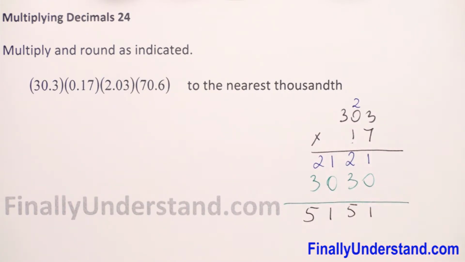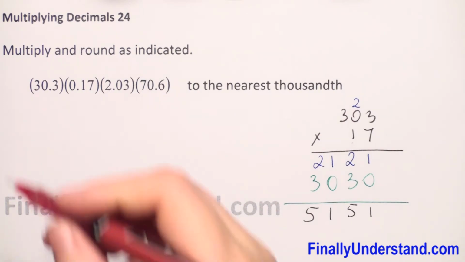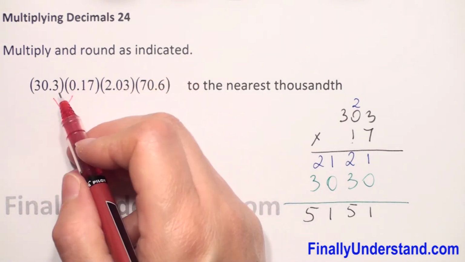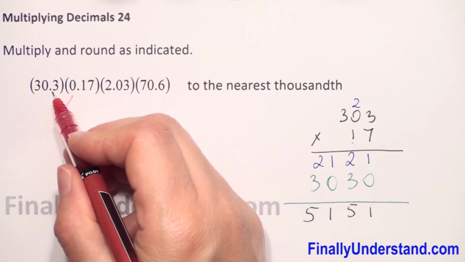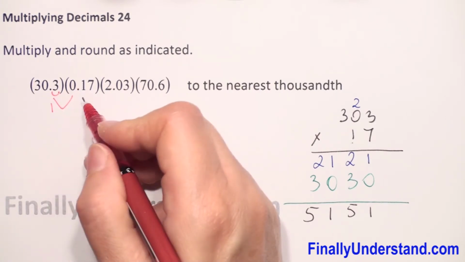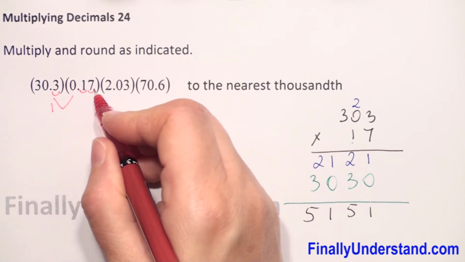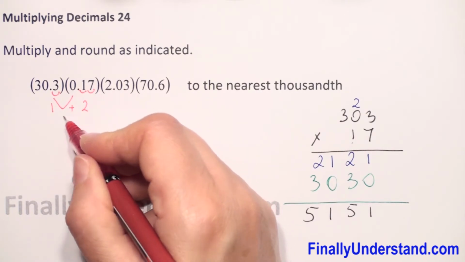And next we need a decimal point, because we are multiplying 2 decimal numbers. So we count the digits after the decimal point. We have 1 in the first number, and in the second number we have 1, 2. 1 plus 2 is 3.